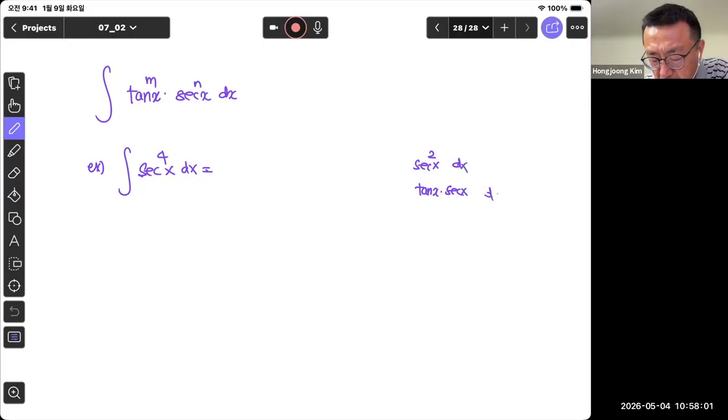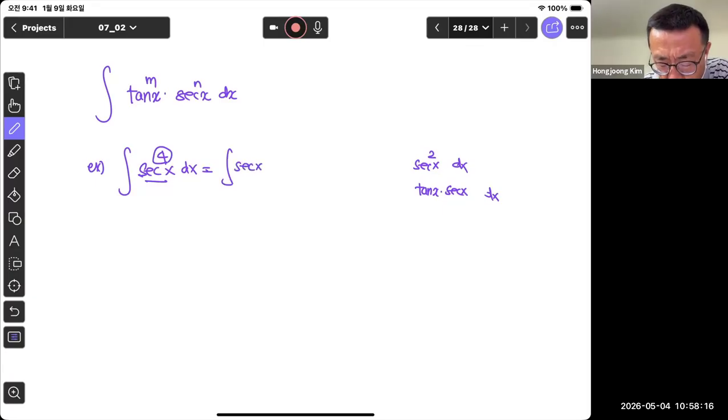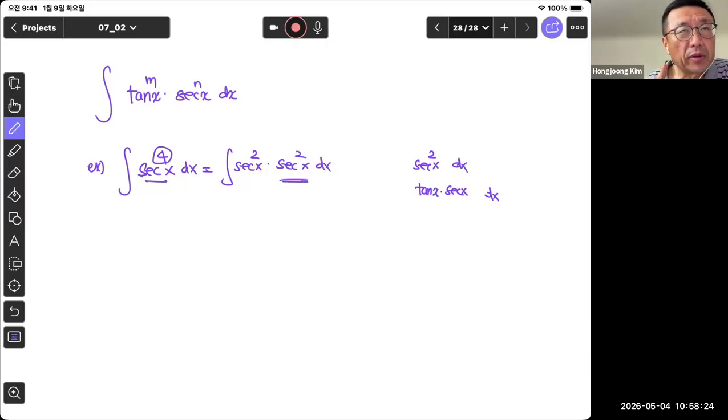So if the power of secant is even and greater than or equal to 4, then I can split this as secant x squared times secant x squared, so that I can put aside this extra secant x squared.